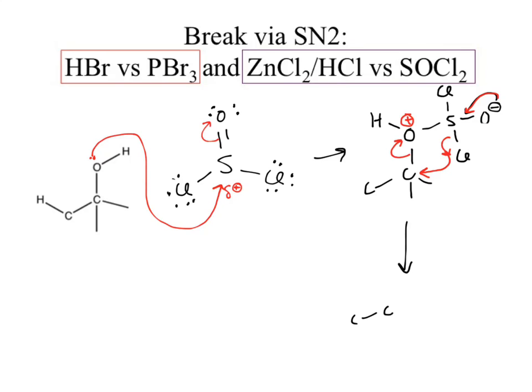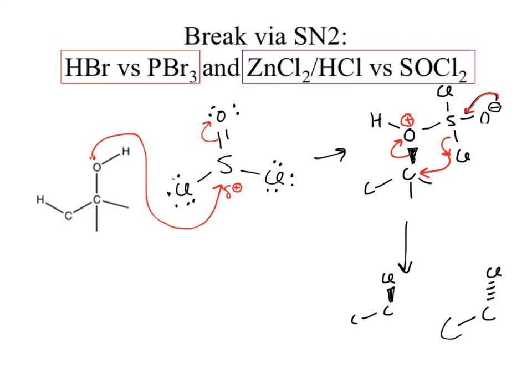To either show it as wedged or dashed, which one's correct? So the carbon oxygen was wedged to begin with. Wedged. Ends up being wedged.